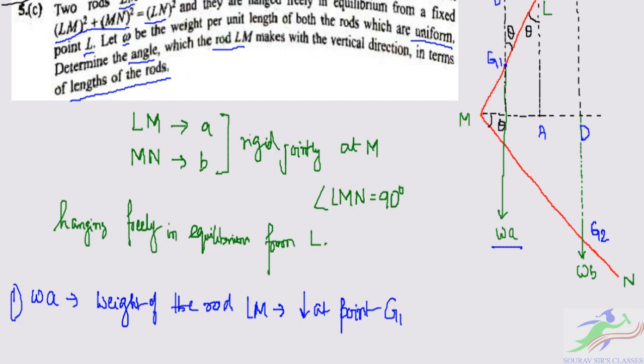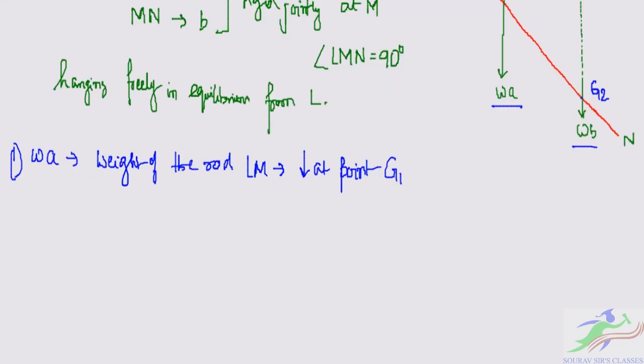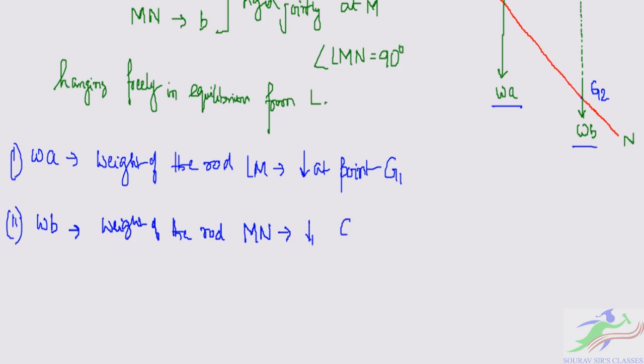Next is omega B, the weight of the rod MN, acting vertically downwards at its midpoint G2.